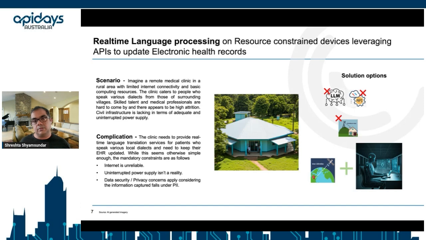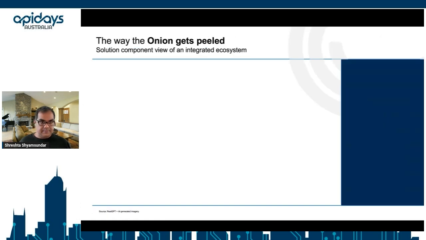They are also able to put together a plan towards improving healthcare overall, scheduling follow-ups, triaging symptoms, and so on and so forth. Now, while we have an overall blueprint of a solution, let's see how that onion gets peeled.